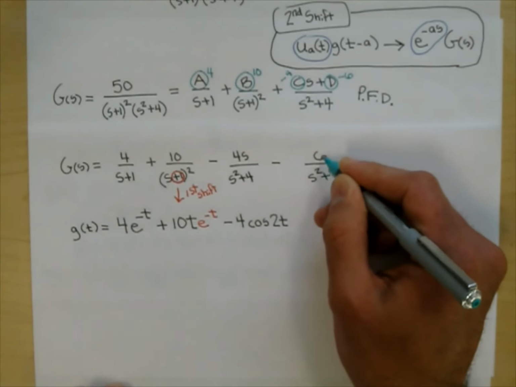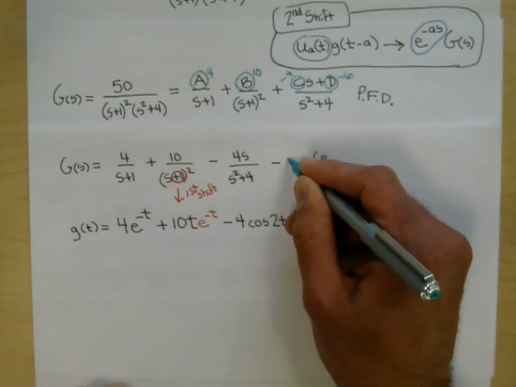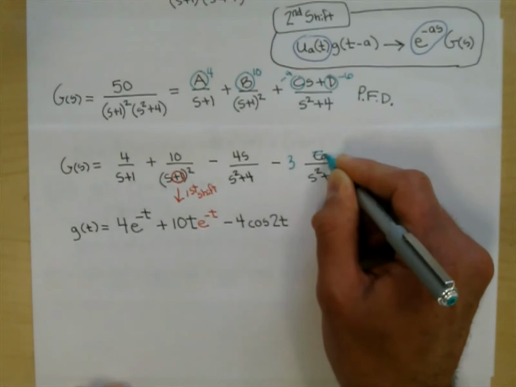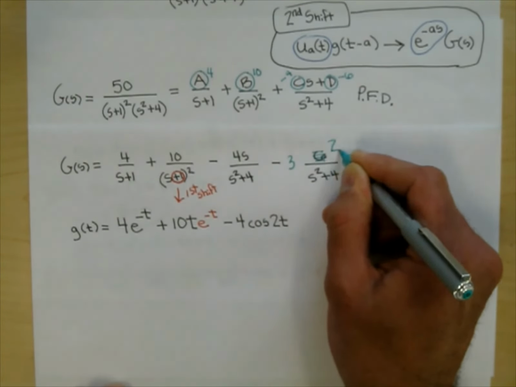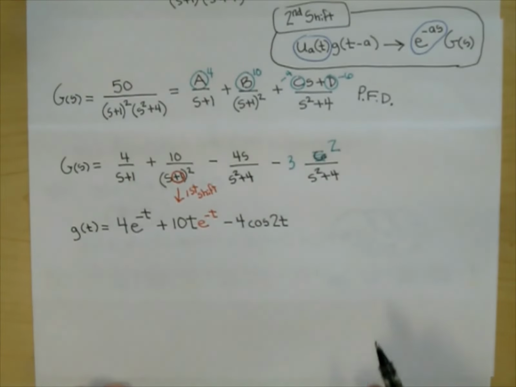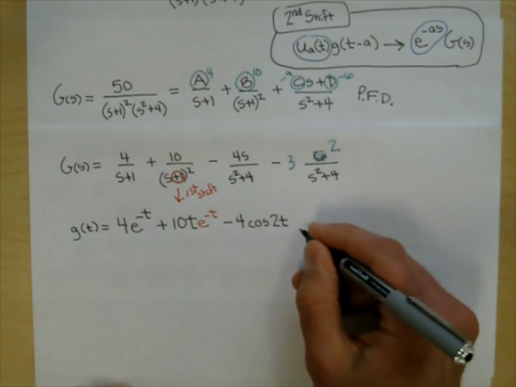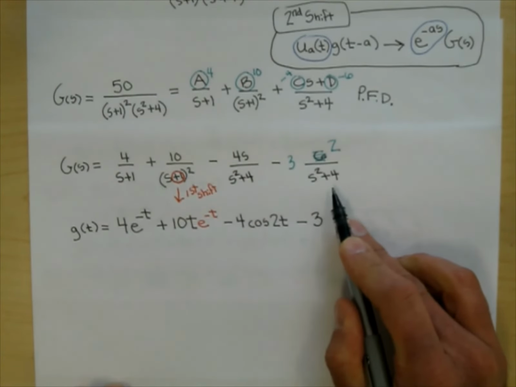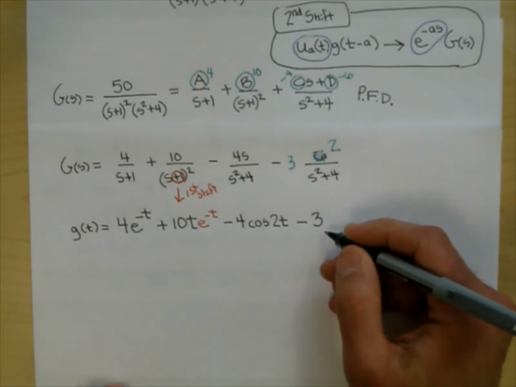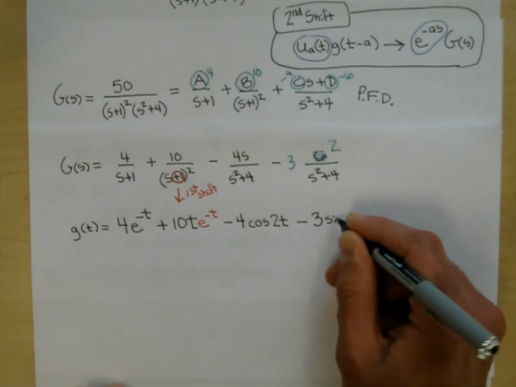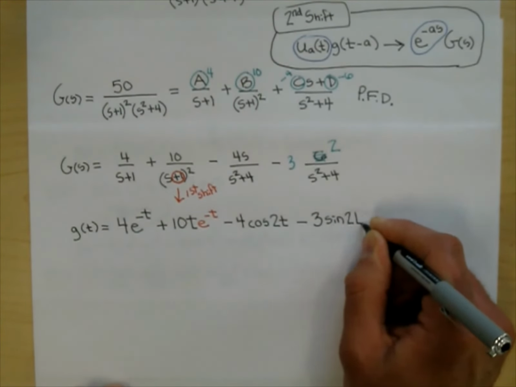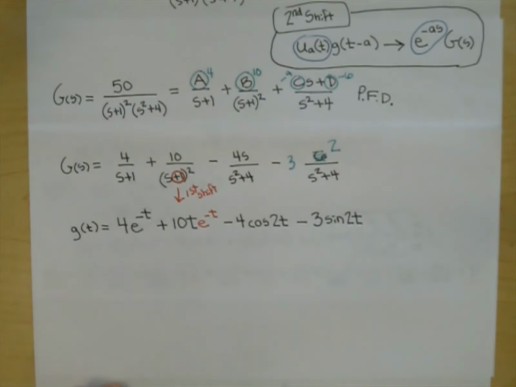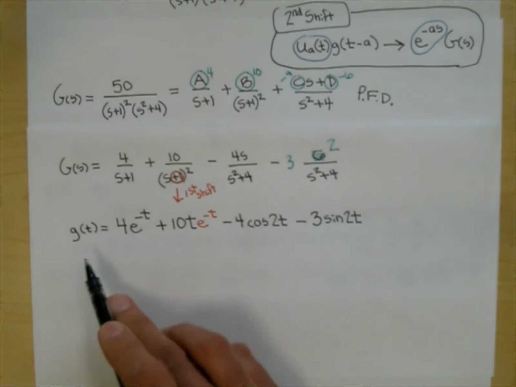So I'm going to break this 6 into 3 times 2. I'll put the 3 here, and then the 2 there. Okay, so now I'm ready to inverse transform this, and this thing becomes sine 2t. So there it is. We have little g of t.